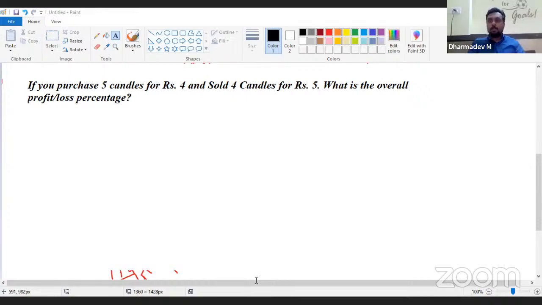Okay, that's good. So shall we check it? The first one is 5 candles purchased for 4 rupees. Then what is the price of 1 candle?